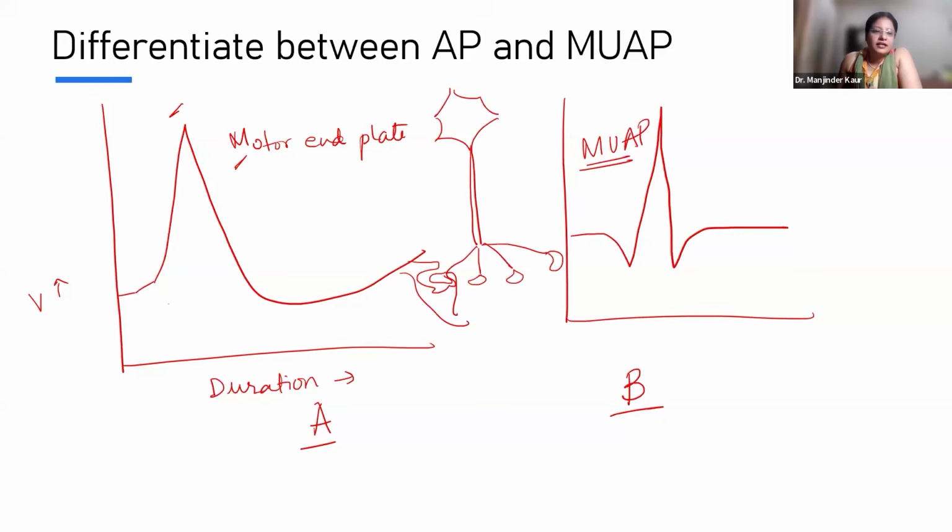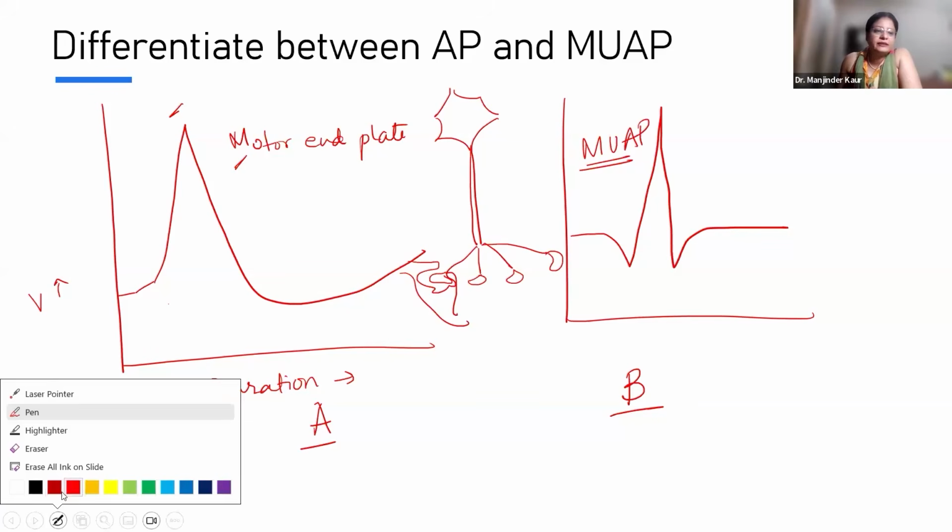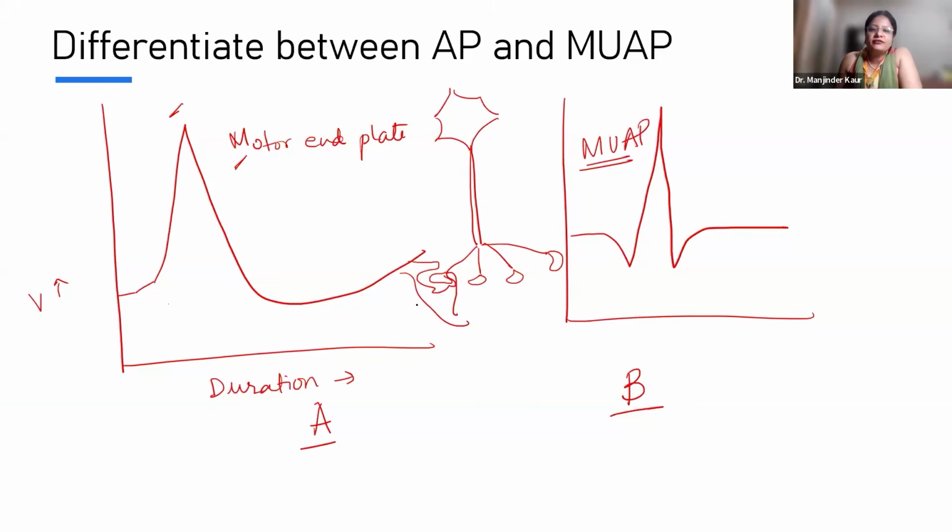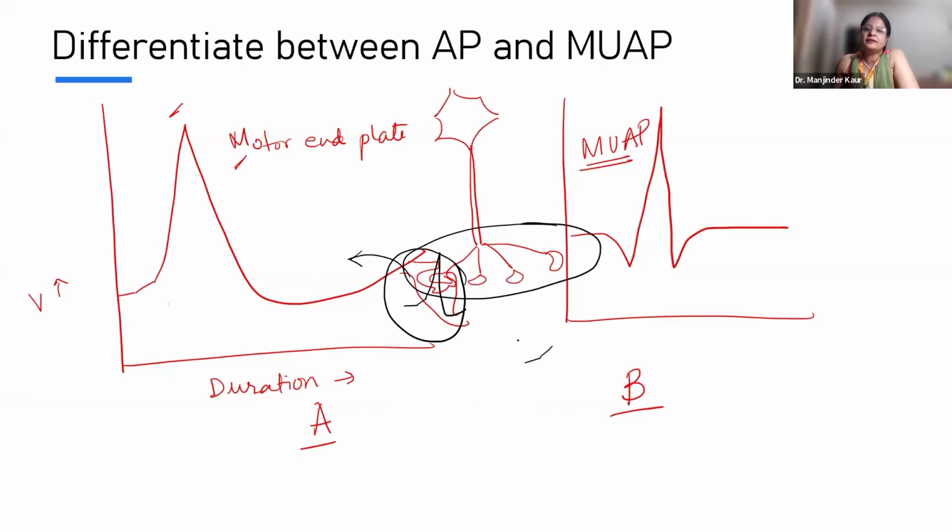So now let me change the color of the pen for a better understanding. So if I record the action potential from only one part, I will get the motor end plate potential. But if I record the potential from all these together, I am going to get a motor unit action potential. I hope I'm clear in making this.